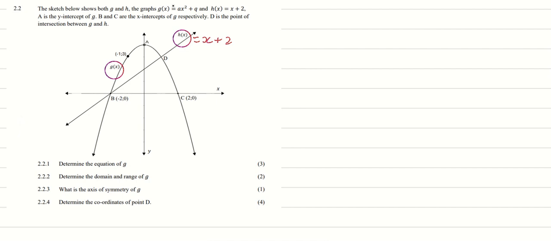So lucky for you, they give you the standard form up here. You don't have to remember it, right? So in question 2.2.1, we are using g of x is equal to ax squared plus q. Right. Now you have two options. You either are going to use the equation that looks like this, or you're going to use the equation that looks like this.